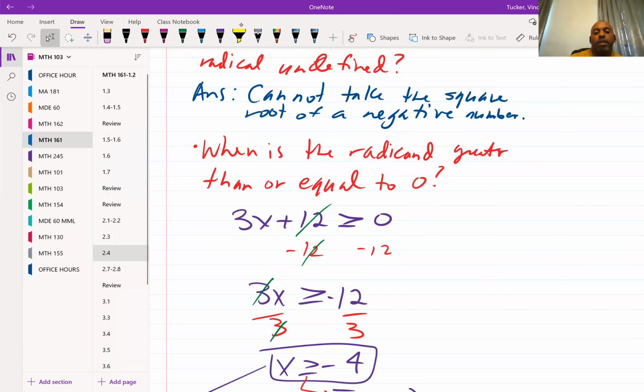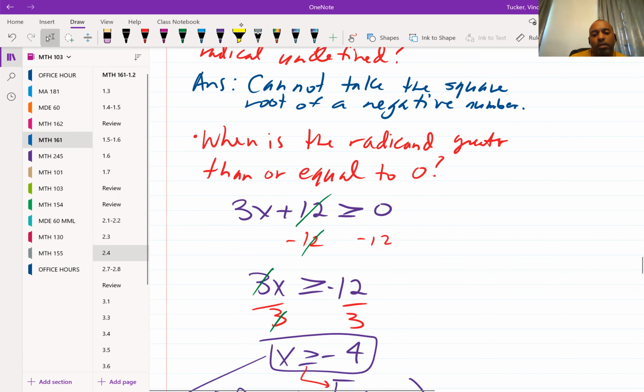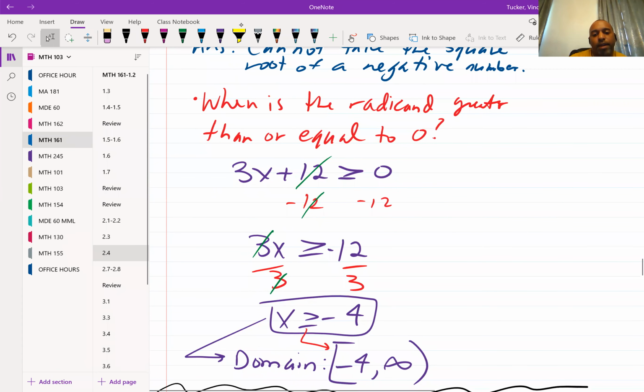So that ends up giving us x is greater than or equal to -4. And so we'll use a bracket on that -4 because of the or equal to symbol. Don't forget that line tells us to use a bracket. And like I mentioned earlier, a bracket means that I can use the value.